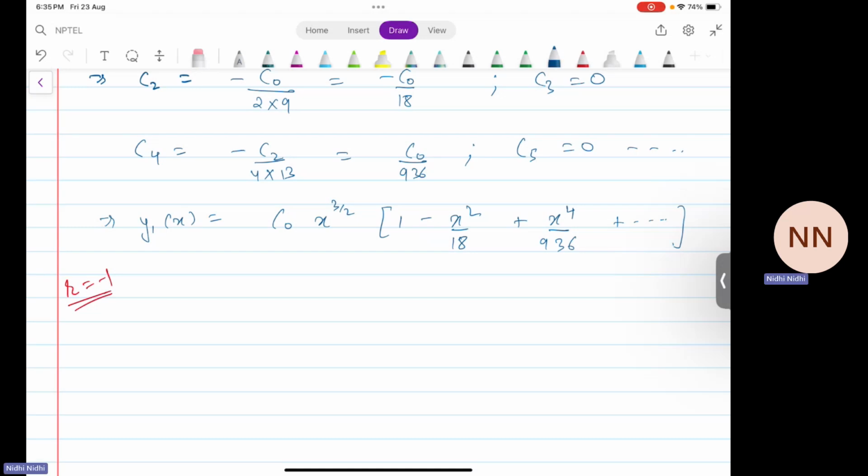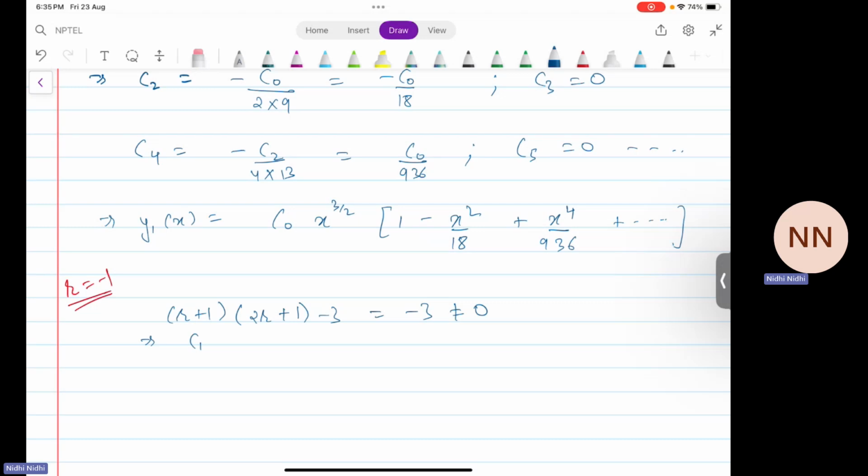For r equals minus 1, again (r plus 1)(2r plus 1 minus 3) would be minus 3, which is not equal to 0.